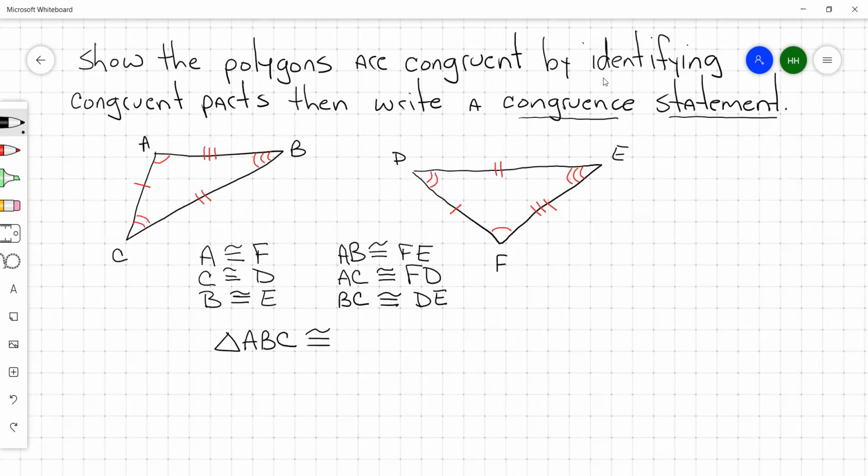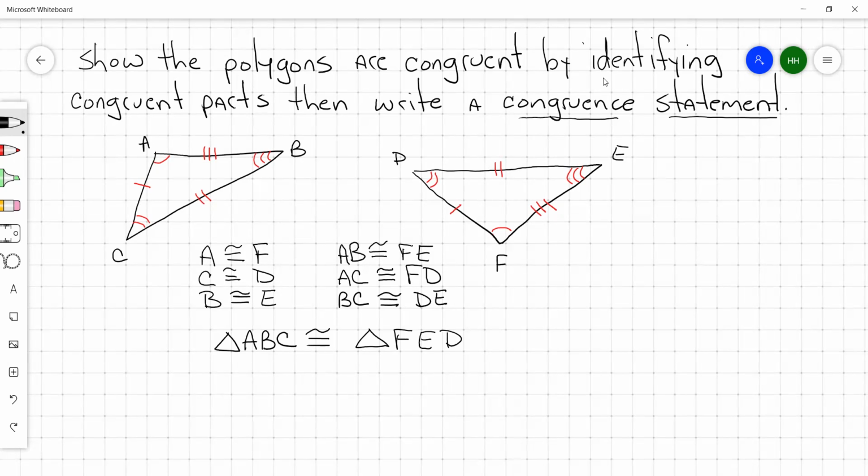If we called the first triangle ABC, we went from one arc mark to three arc marks to two arc marks in identifying the angles. So the first vertex that has to be used in the second description has to correspond to angle A. That's got to be F, right? And the second letter has to correspond to angle B, so it's got to be E. All right, so triangle FED. Triangle ABC is congruent to triangle FED.